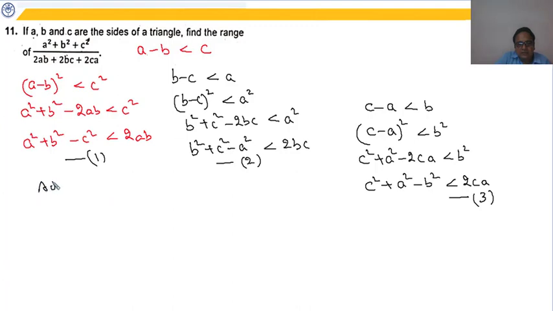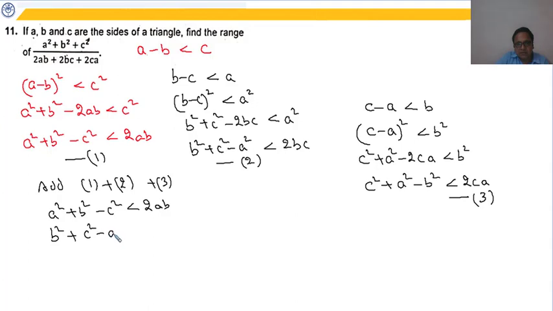Now if we add these three equations, 1 plus 2 plus 3. On the left hand side we add: a square plus b square minus c square less than twice ab, then b square plus c square minus a square less than twice bc, and c square plus a square minus b square less than twice ca.